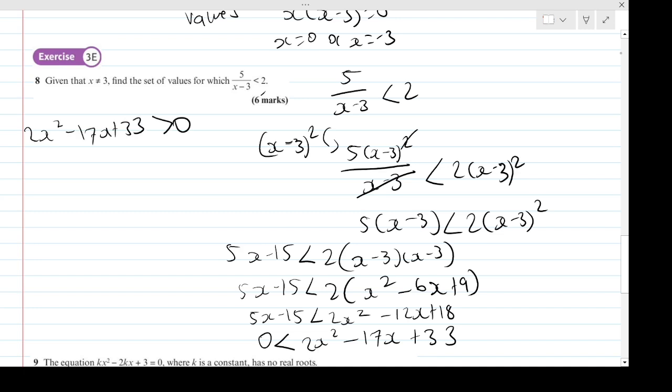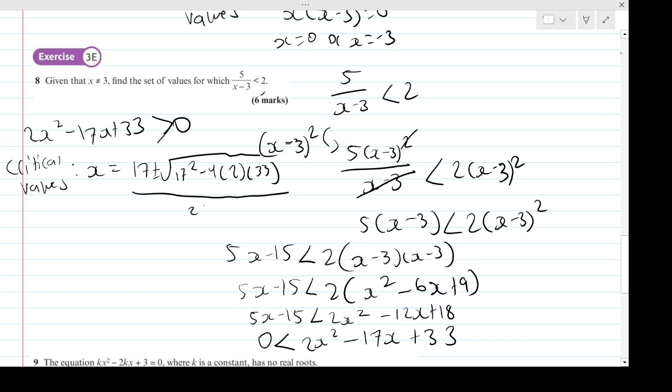So now this is a quadratic to solve. So then I need the critical values, and these are x is equal to, I'm going to do the formula, so it's going to be 17 plus or minus square root of 17 squared minus 4 lots of 2, 33 over 2 lots of 2.